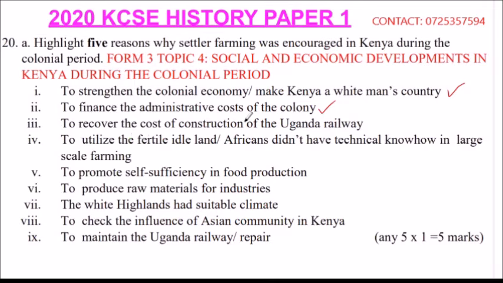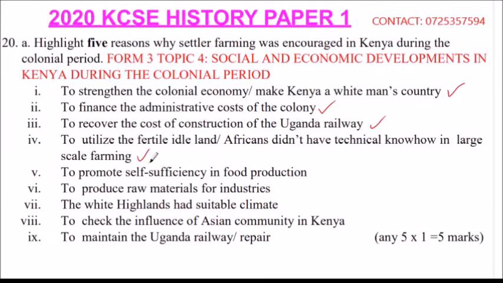Number 3, to recover the cost of construction of the Uganda railway. So they constructed the railway, and therefore they needed things to transport with the railway back to Europe and other parts of the world. Number 4, to utilize the fertile idle land. Africans didn't have the technical know-how in large-scale farming.